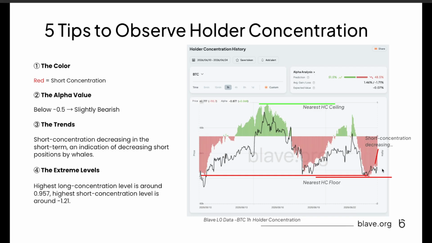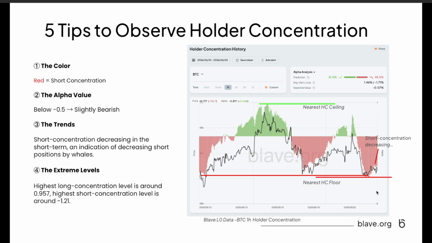So this is a simple case for you to understand: Bitcoin right now is slightly bearish, and the whale traders are closing their short positions when price drops to a new low level. So it could be a hint of an early price reversal, or a continuation of the new bearish trend in the next few hours in the short term.